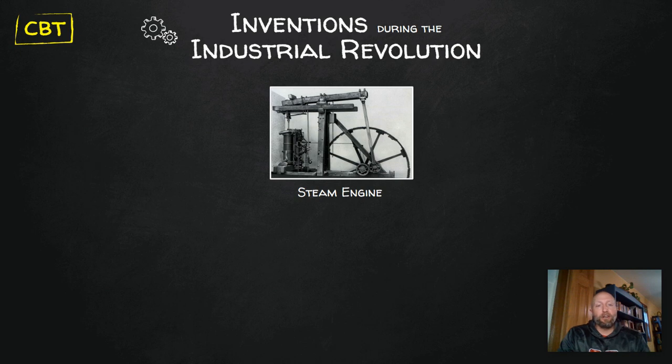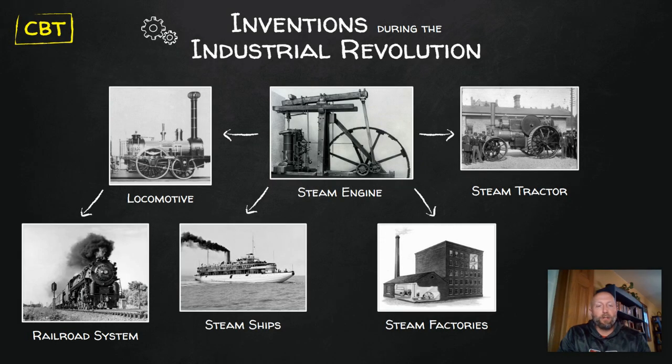Some inventions during the Industrial Revolution, there are hundreds of them. We're not going to talk about each one, but I wanted you to understand how it snowballs. So as we look at the steam engine, all right, the steam engine, first of all, went into hundreds and hundreds of different kinds of inventions and innovations.